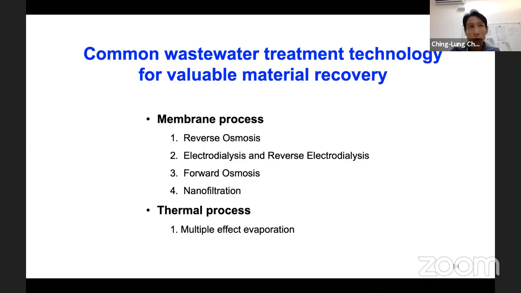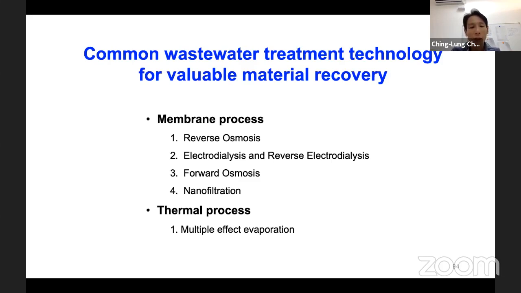Usually people just think, okay, I just want to remove the metal, but they didn't think about the value of the metal. So right now I have a small team working on metal recovery from wastewater, and we are using an electrochemical process to collect or recover metal in the wastewater.